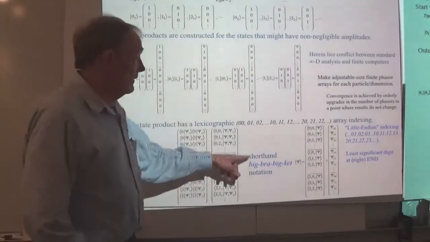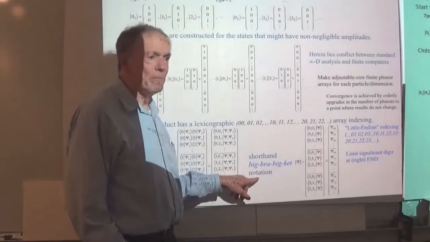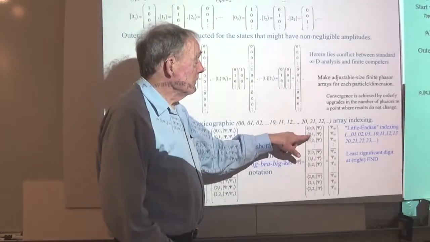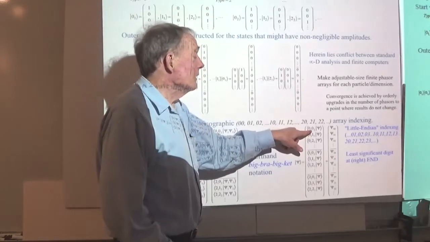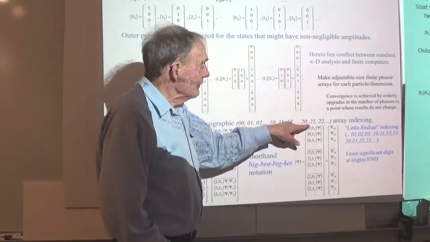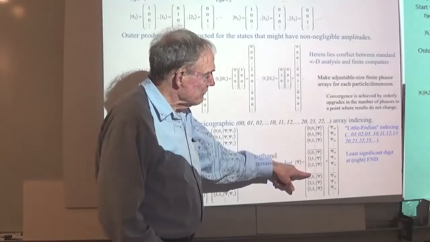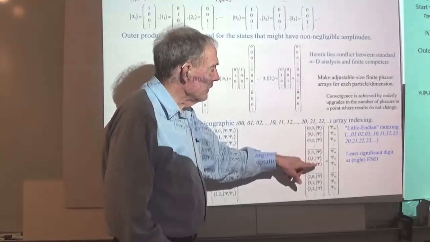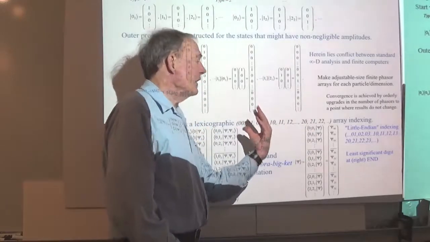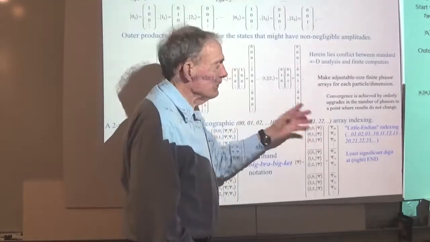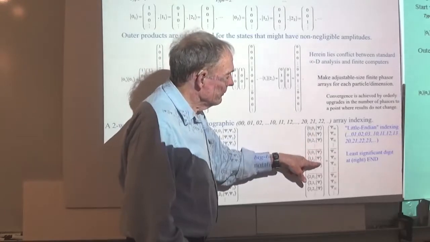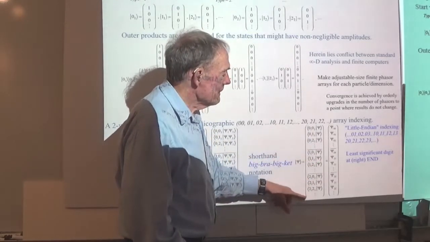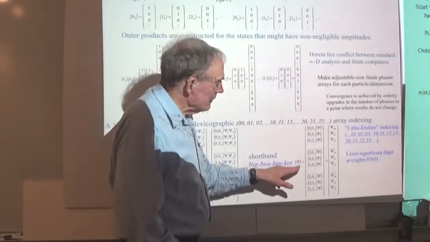Now, shorthand, again, big bra, big ket. Okay, so here I just go and I say, okay, particle 1 or dimension 1, and then I read off its values in the bra side of it, and then the psi, whatever that is over here on the right, making a scalar product with each of those, and that's the way you describe the state psi.